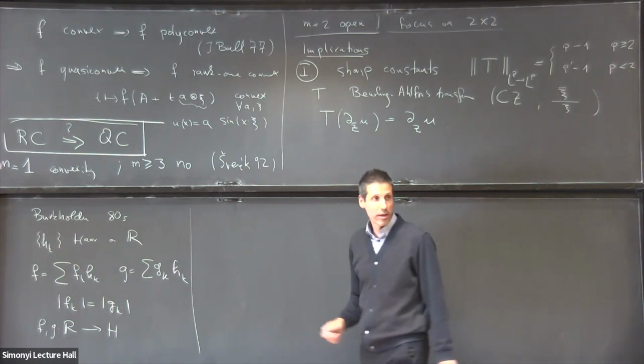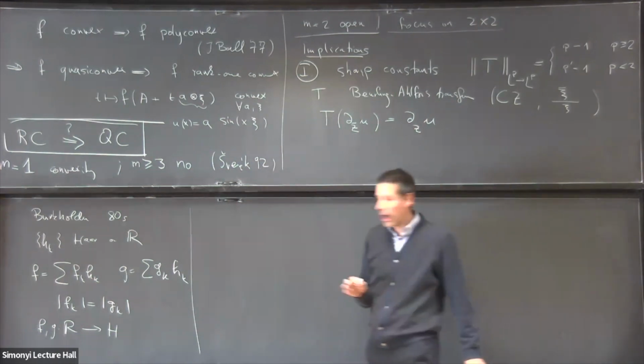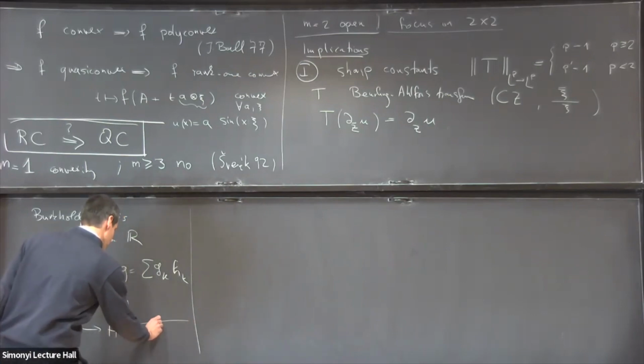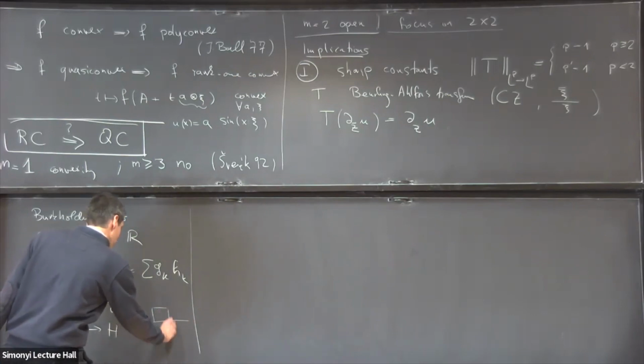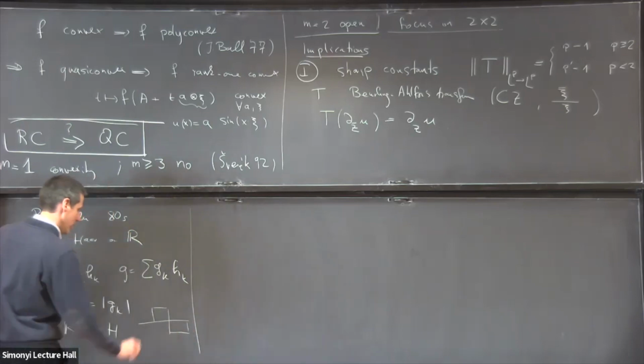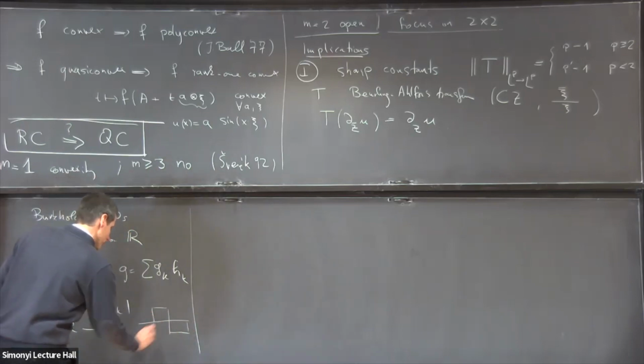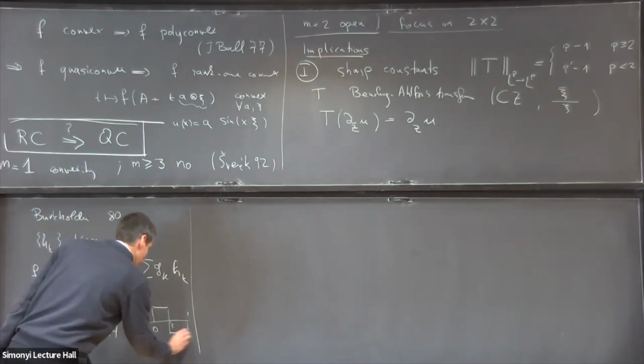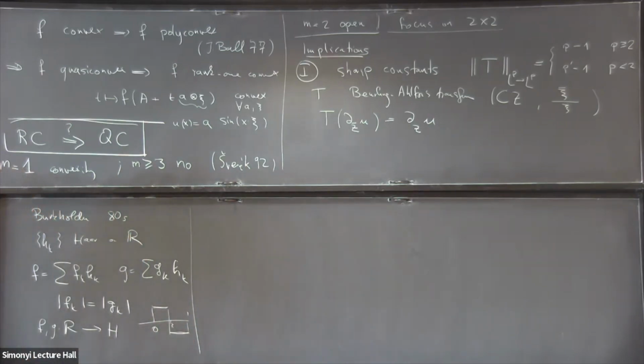So what's a Haar basis? The Haar basis is the dyadic basis where you have this function from 0 to 1, with a jump at 1/2, and you have +1, -1, and then you take a dyadic version of this.